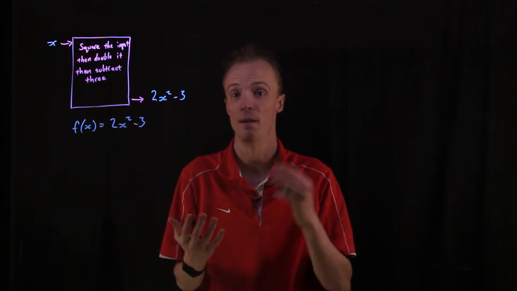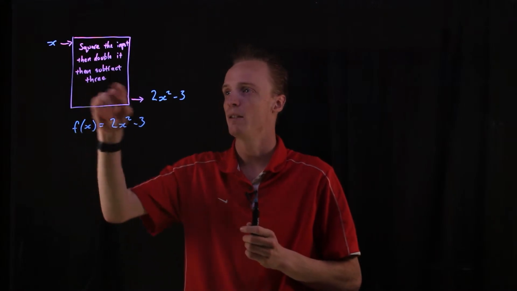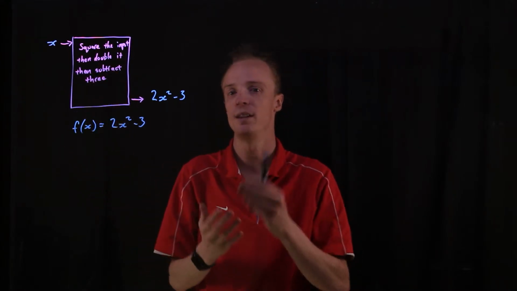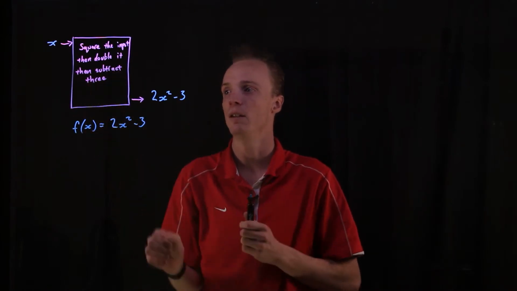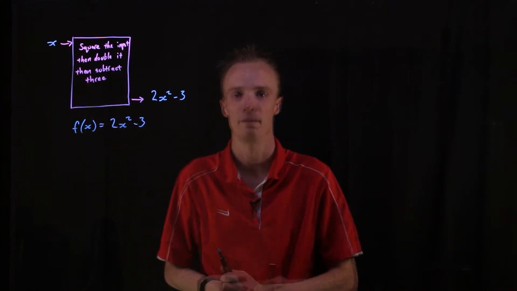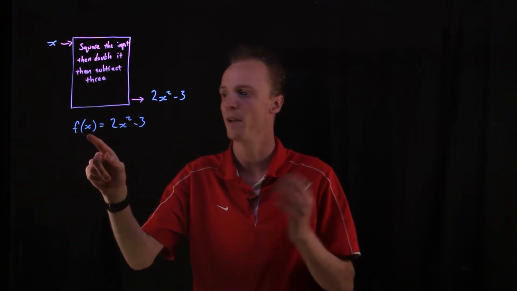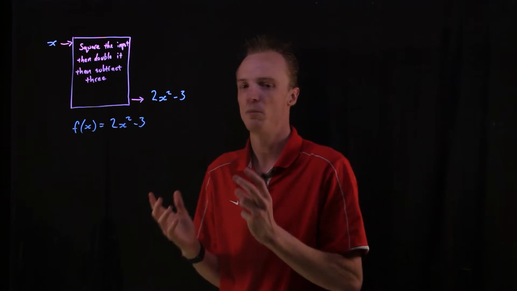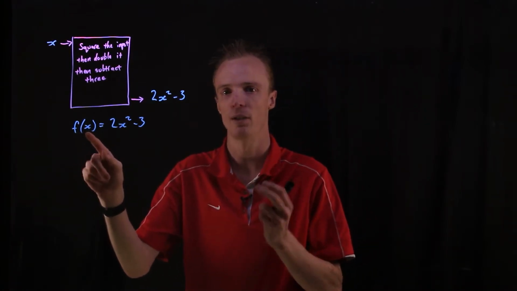I could input a number, or any other variable that I'd like, and the machine will perform the exact same operation. It will square the input, then double it, and then subtract 3. What's important is when you see this f of x, as it's pronounced, it's a function machine, and that machine has got the current input of x.